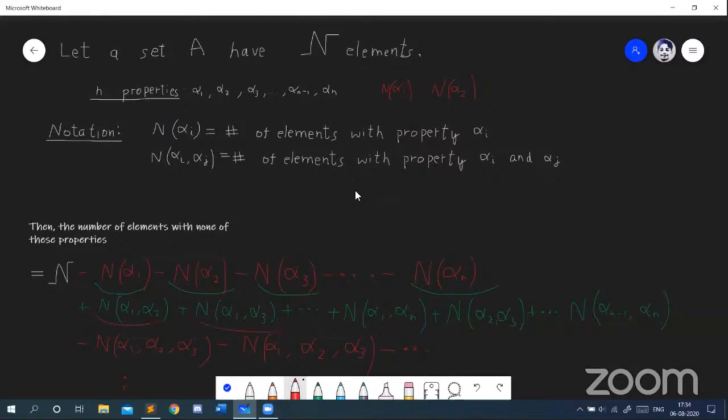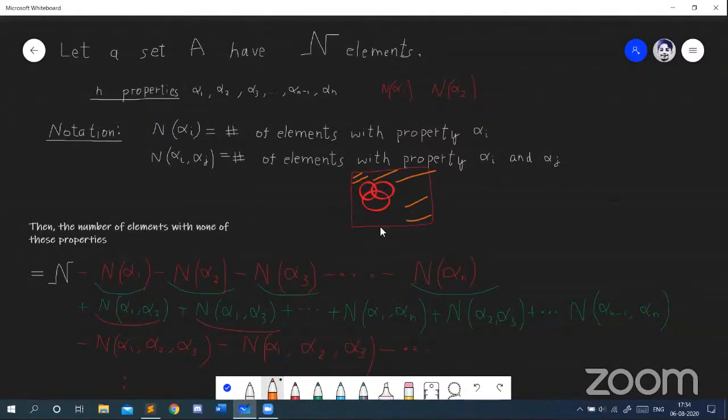So if I were to imagine this again as a Venn diagram for 3 sets, then I need to find this area.